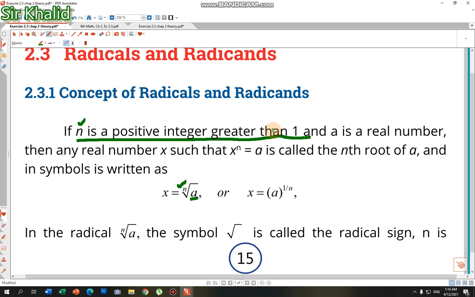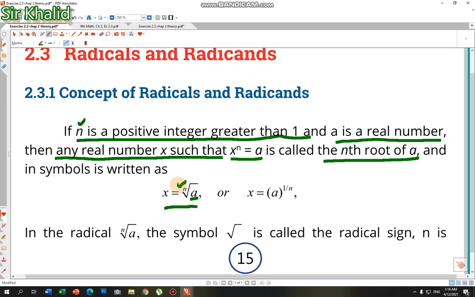It must be greater than 1 and a positive integer, and a must be a real number. Then any real number x such that x^n is equal to a is called the nth root of a, and in symbols it is written as x is equal to the nth root of a.